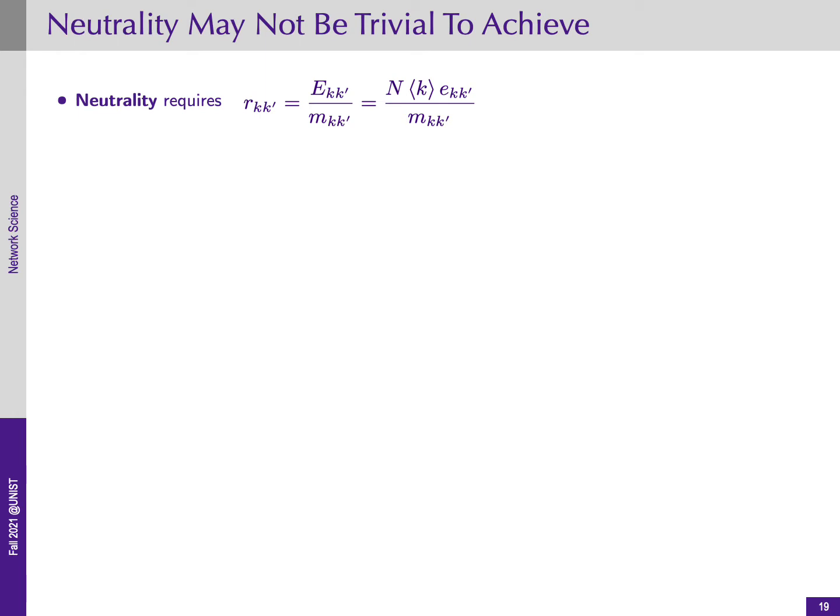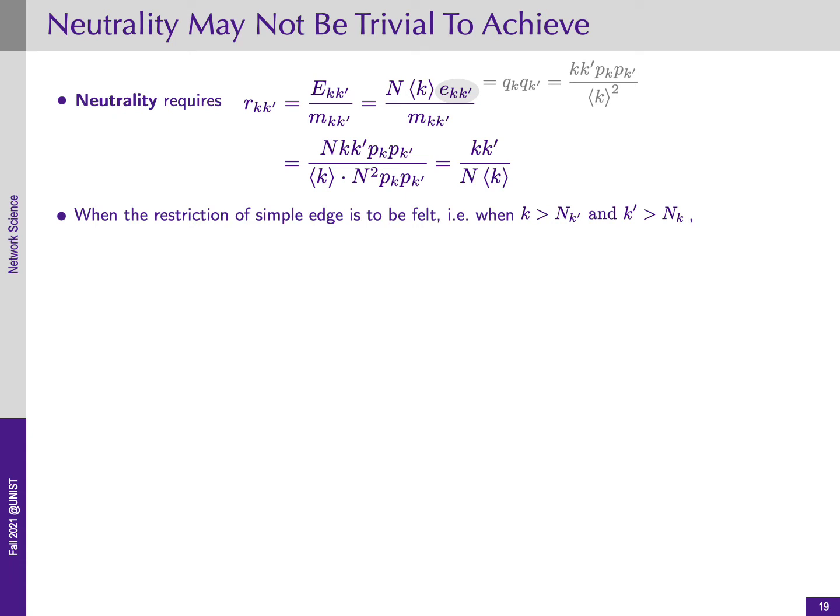So the neutrality condition allows us to rewrite E_kk' in the numerator as n times the average degree times the probability p_kk'. So if we work out this formula, we come up with this final expression. That is proportional to the product of the two degrees k and k prime.